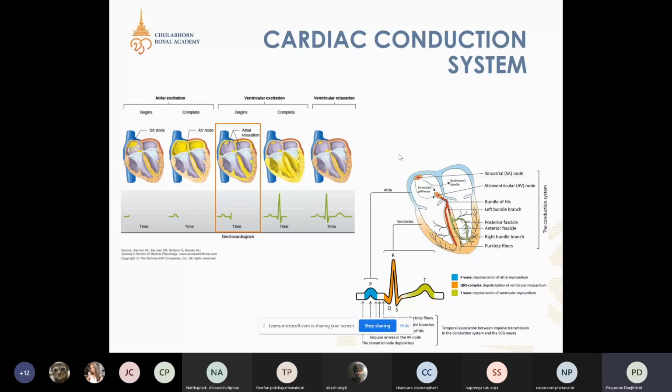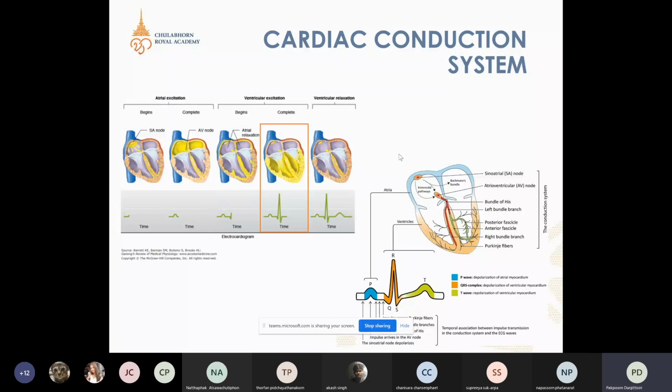And after the electrical impulse causes both ventricles to contract, it will show you the QRS complex on the body surface ECG.